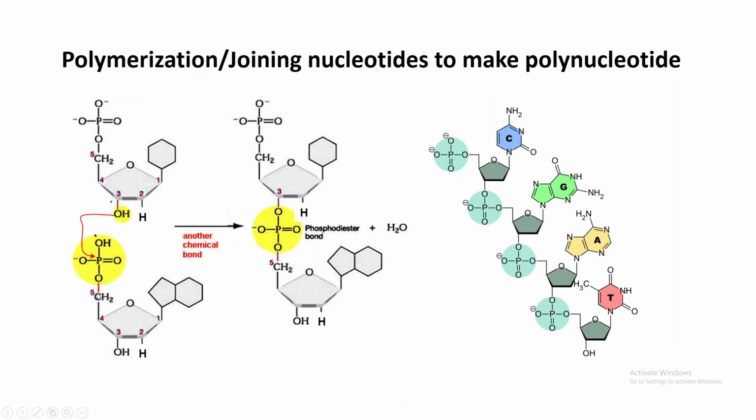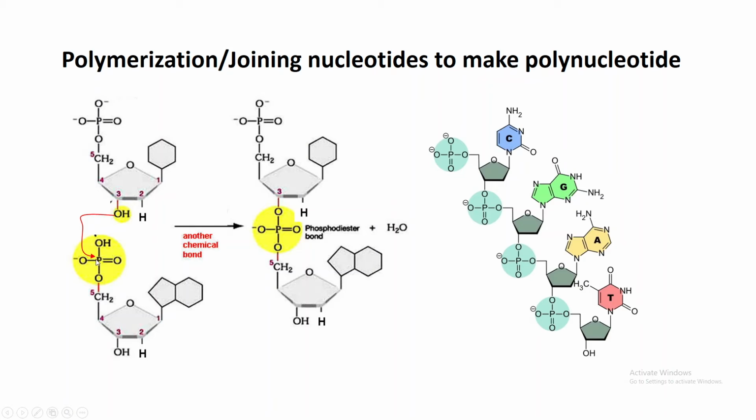At carbon number 5, we have a phosphate group. Also here at carbon number 5, we have a phosphate group, and here this is a pyrimidine and this is a purine. These are bases. So these are 2 nucleotides. To make a polynucleotide, these nucleotides have to bind together. This process is called polymerization.